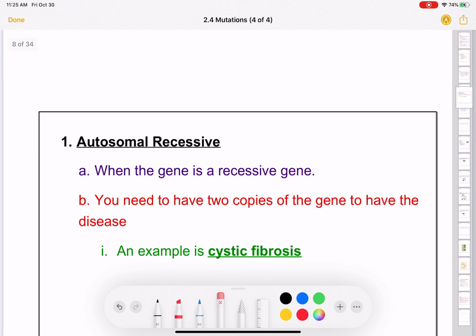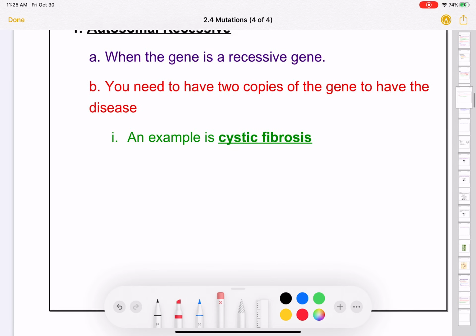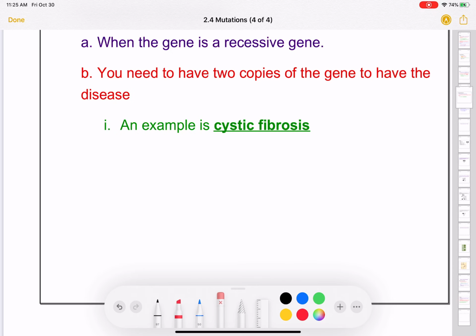The next one is autosomal recessive. So this is again in your body cells, not in those 23rd pair, but all of the other pairs. Within those, there's a gene that's recessive, and it's known to cause cystic fibrosis. So remember, recessive means that in order to be affected, you would have to have 2 copies.